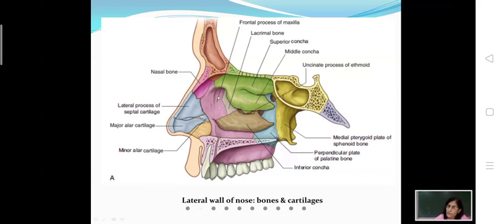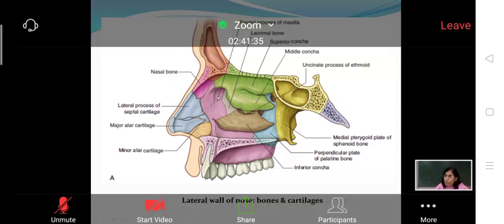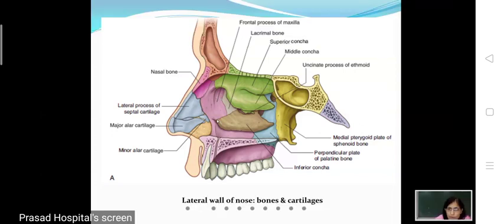The nasal surface bears a maxillary hiatus. The hiatus in the disarticulated skull is very big onto the maxilla. You were told about this in your class of maxilla. So this purple colored is the maxilla and this is the frontal process of maxilla.